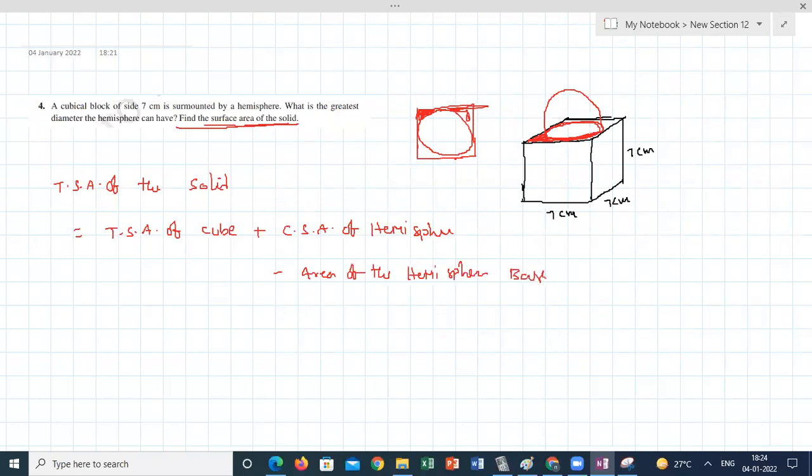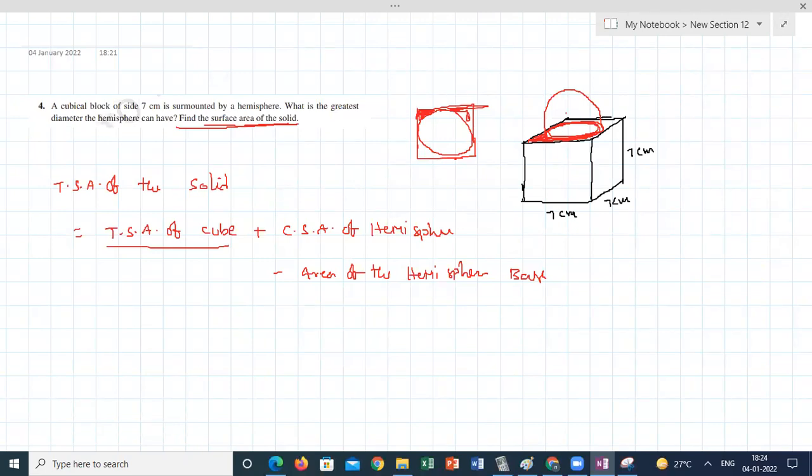That means this circle area I have to eliminate, because it is included here. This face is entirely included in the TSA, but some part of the face is not visible. That part of the face is equal to the area of the circle, that is, the area of the base of the sphere.